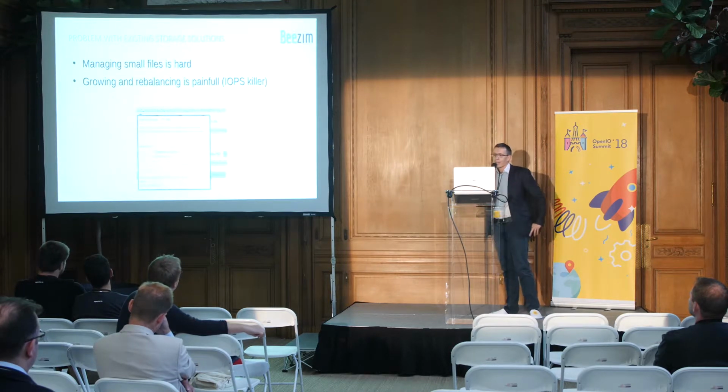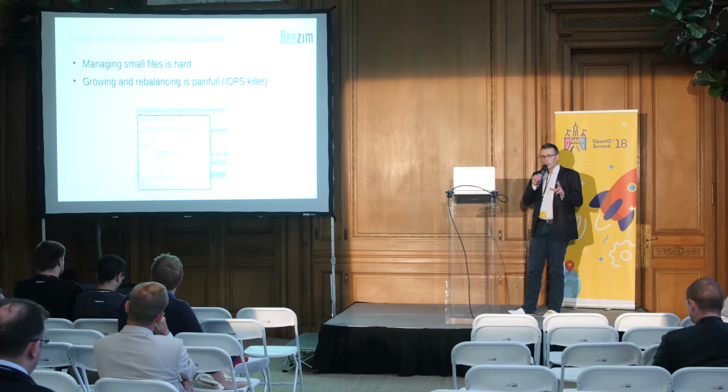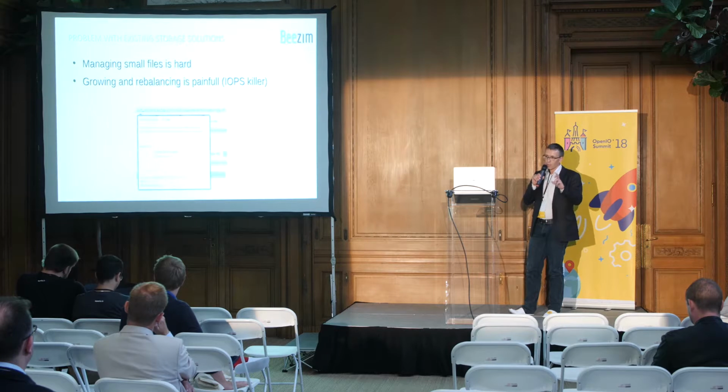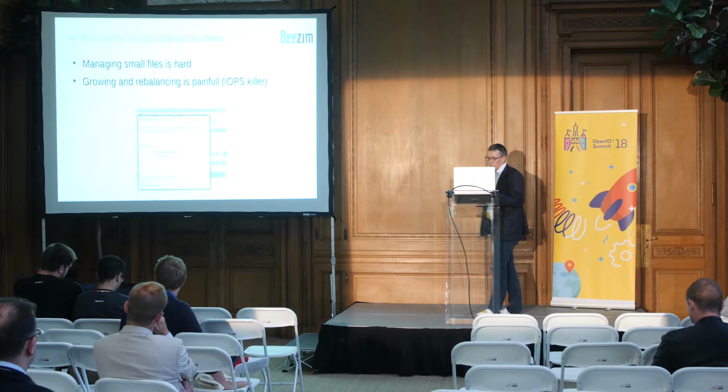He explained that to manage small files, he had to create something that looked like a small file system in objects, concatenating files into Swift objects to have bigger objects and be able to manage them more easily.